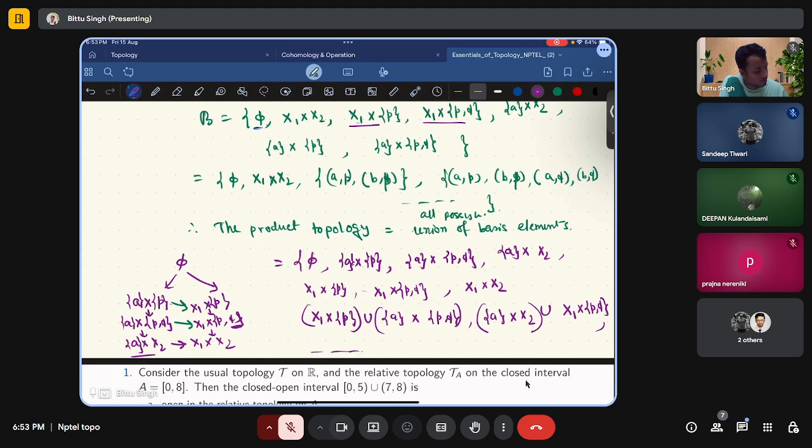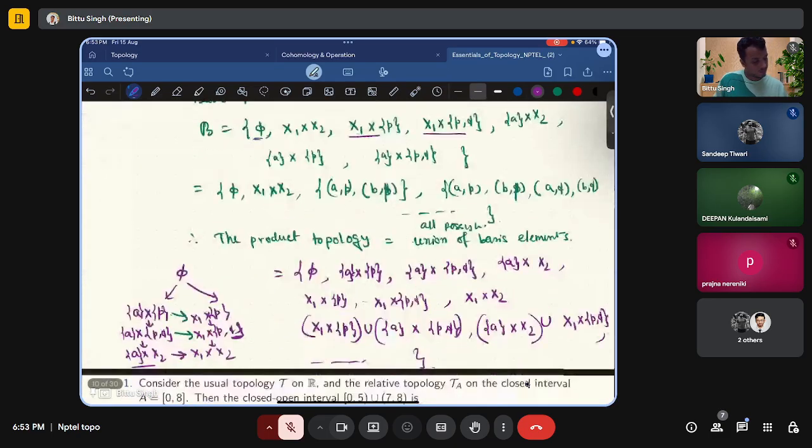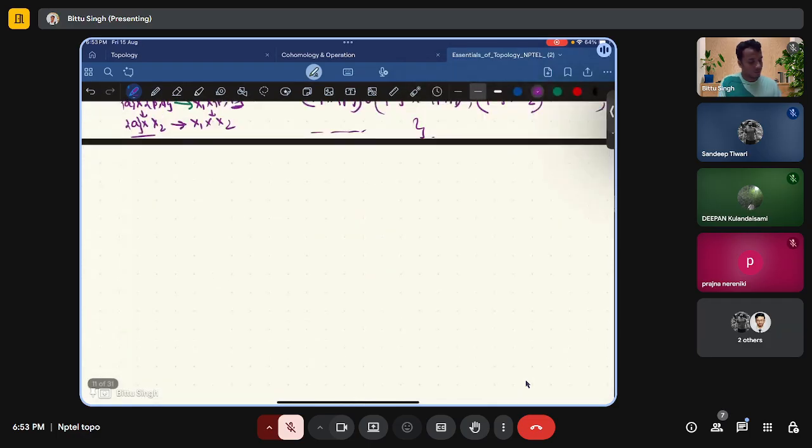There will be other elements. So that is how we will get the product topology. So let me write in a more general manner. Now there is a collection of topological spaces (Xi, tau i), i belongs to I. Those are given spaces.